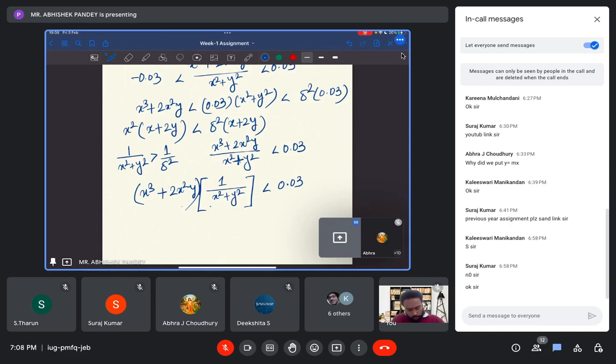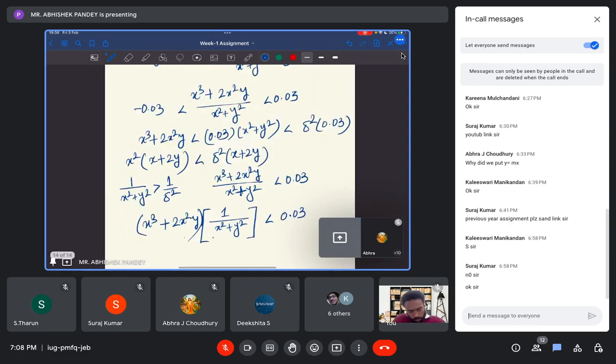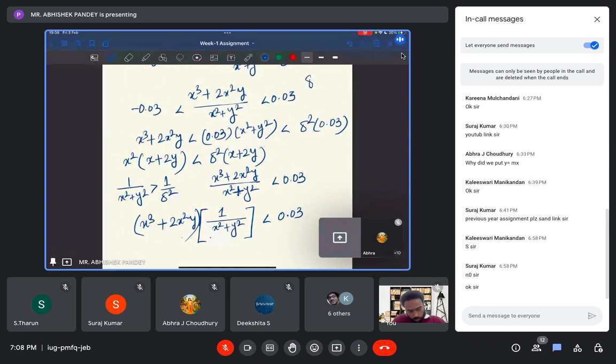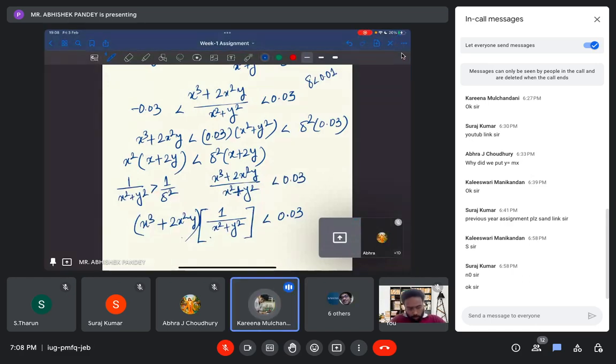Okay, I will leave this question here, and we will see it next week, because in my solution this delta I am getting 0.01, but if we put delta equals 0.01, the things will be different. I think some miscalculation is there. Okay, yeah.